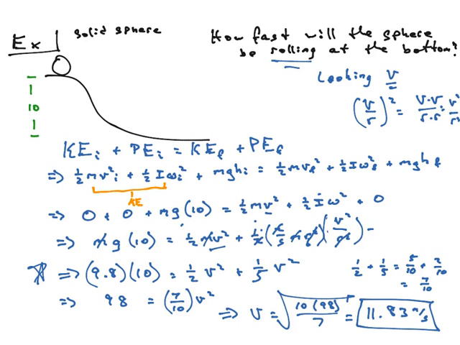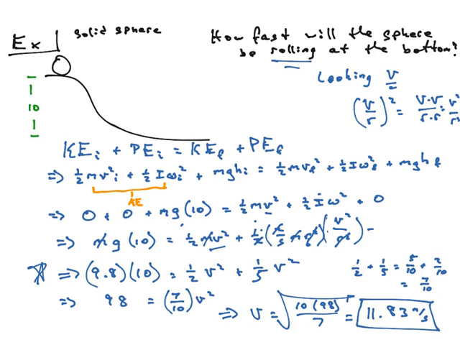Solve for your V or whatever thing you're solving for. Maybe you're solving for the height or whatever. It's going to be exactly the identical questions from conservation of energy before, only now instead of the thing sliding, it's going to be rolling.